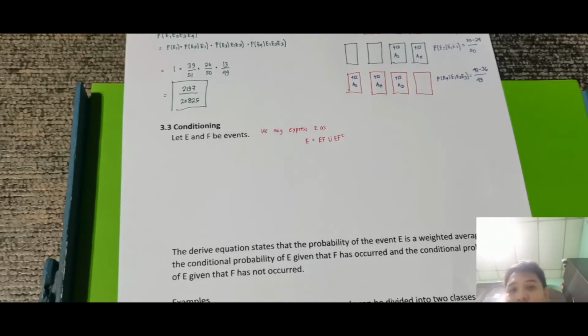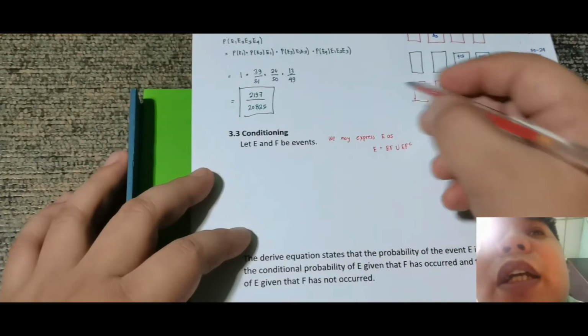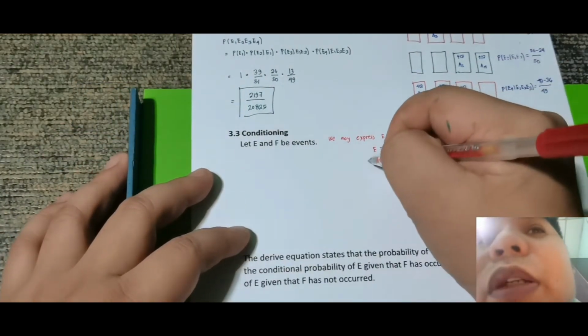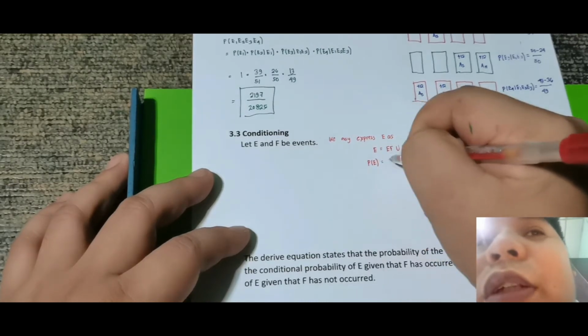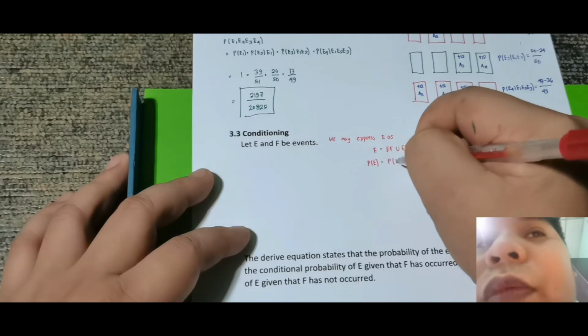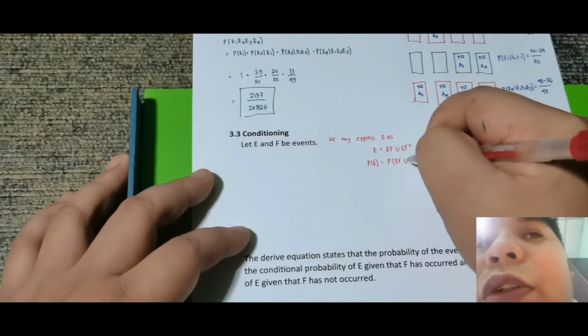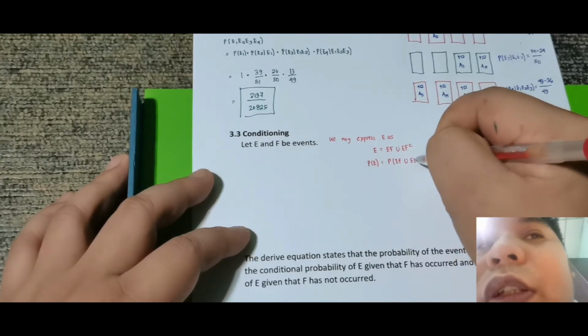So anong sunod natin gagawin? Ang susunod natin gagawin is we will apply probability. So applying probability both sides, this is probability of E is equal sa probability of EF union EF complement.